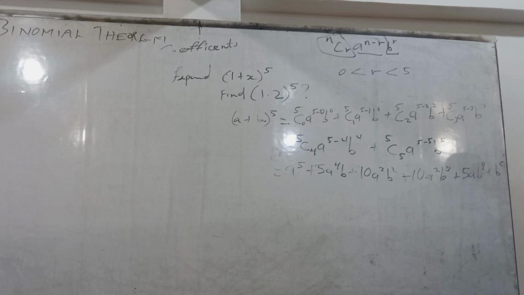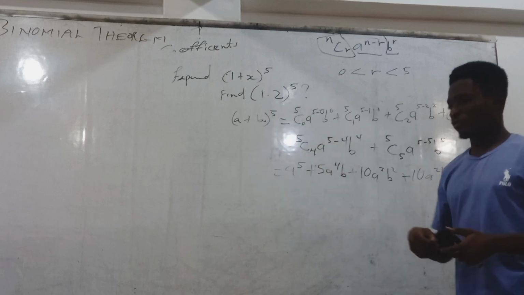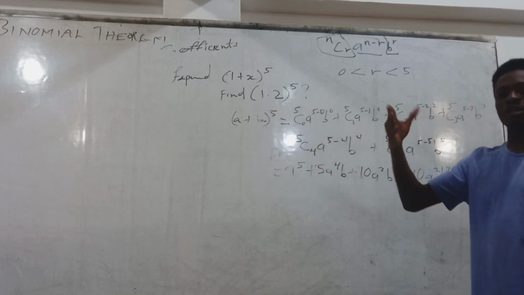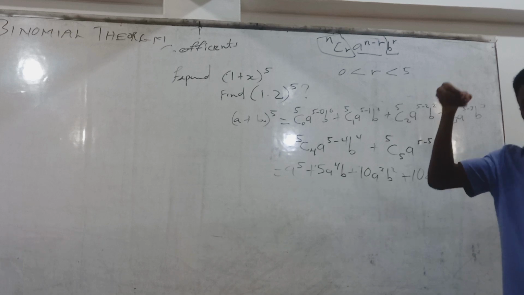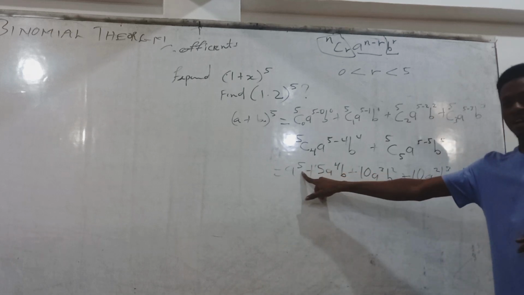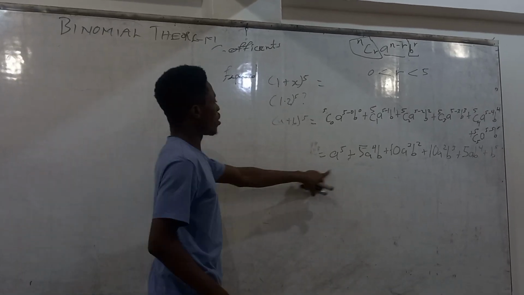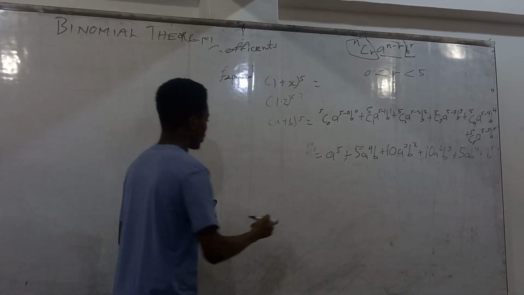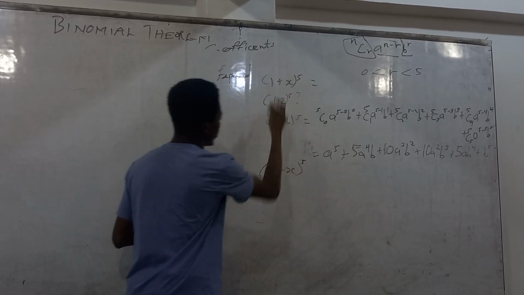So let me show you how you get to know that what you are doing is right or wrong. What is the maximum exponent? 5. You should make sure that for each term, when you add the sum of their exponents, you get 5. After you are done with the expansion, you compare it with that of the question.